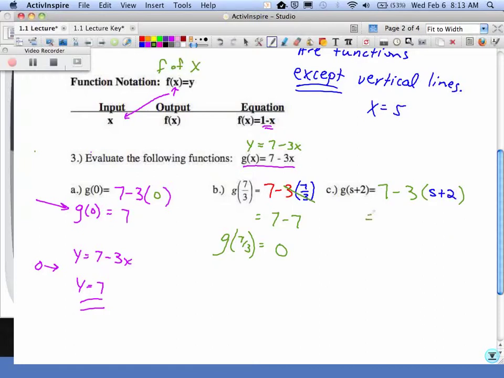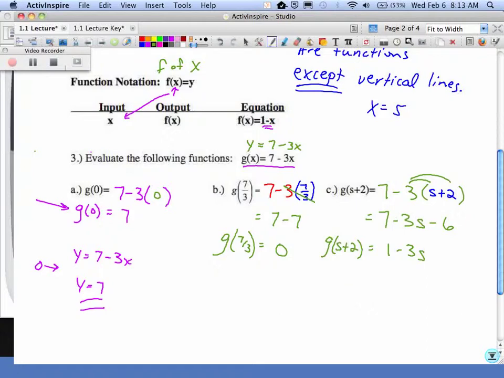So I have 7. Now you distribute the negative 3. Negative 3 times s is negative 3s. Negative 3 times 2 is negative 6. The 7 and negative 6 are like terms, so I have 1 minus 3s. So they're telling you what to put into the function, and then you're telling the output at the end.